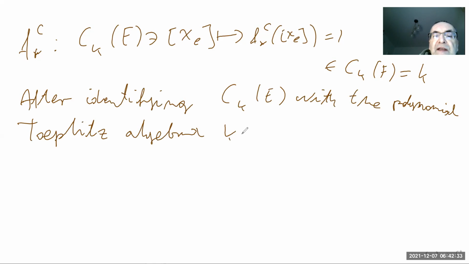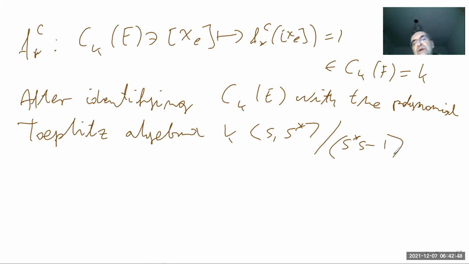Which is given how? I take the free unital algebra in two generators, S and S star, and I divide by the ideal generated by S star S minus 1. So if you want, it's the algebra generated by the universal isometry. The only thing that is satisfied is that S star S is equal to 1. And once you complete it in a C star norm, then it becomes the famous Toeplitz C star algebra.